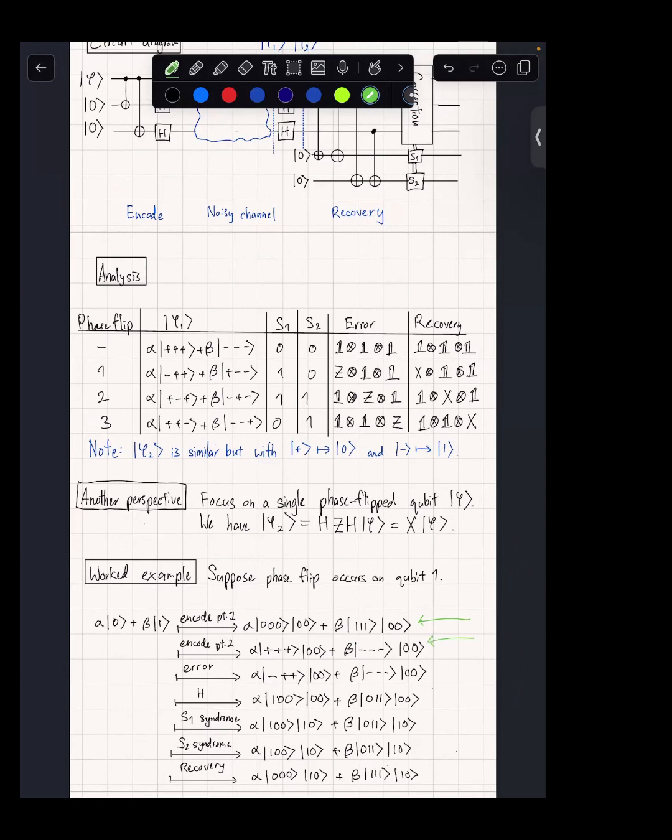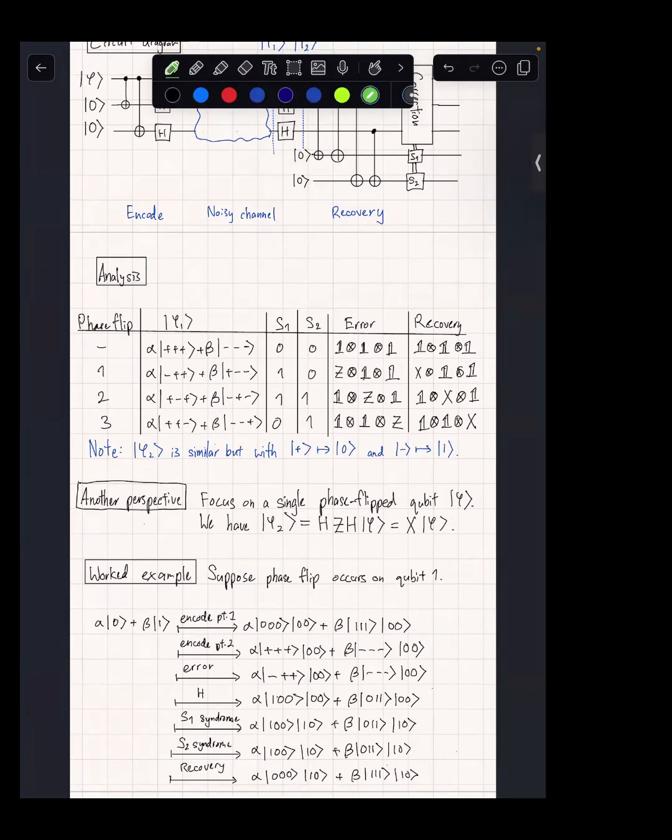With the Hadamard gate, recall that the 0 qubit gets sent to plus, and the 1 qubit gets sent to minus. And that is what we are doing here in the second step. Each 0 gets transformed to a plus, and each 1 gets transformed to a minus. Now we are done with our encoding, and we can send it through the noisy channel.